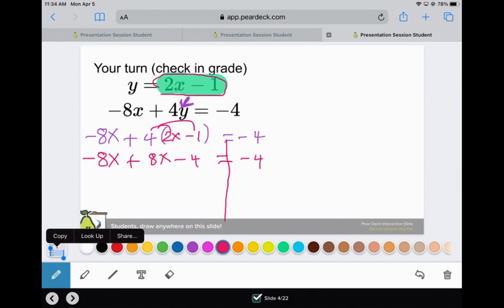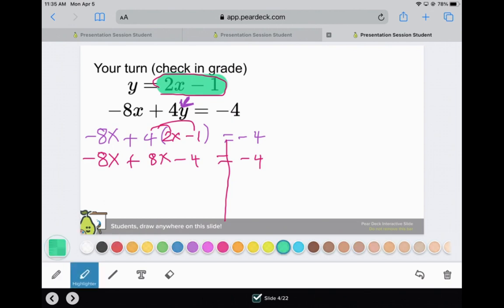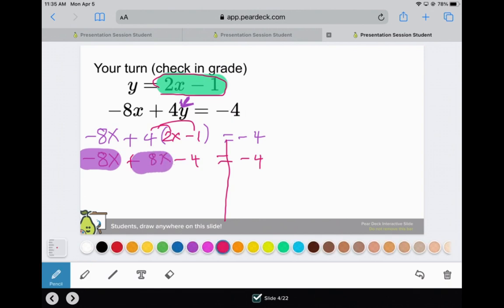I always draw the line when I have the equal sign, so it's easy for me to identify. So over here I have negative 8 and 8. If I combine those two, this will give you 0, right? Because it's going to cancel out. So 0 minus 4 gives you negative 4, and negative 4.